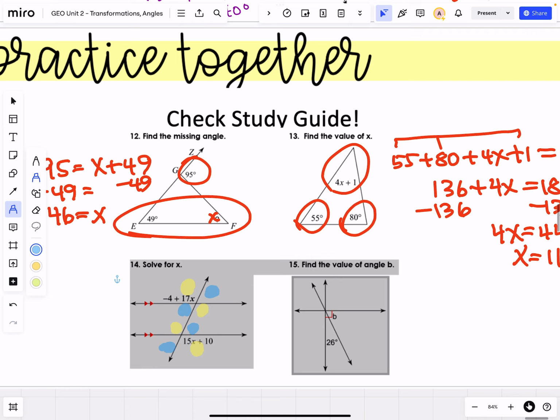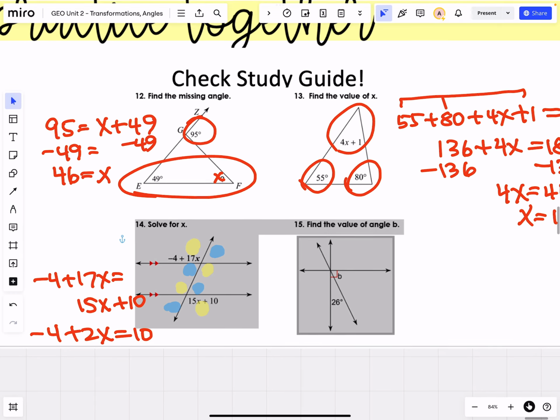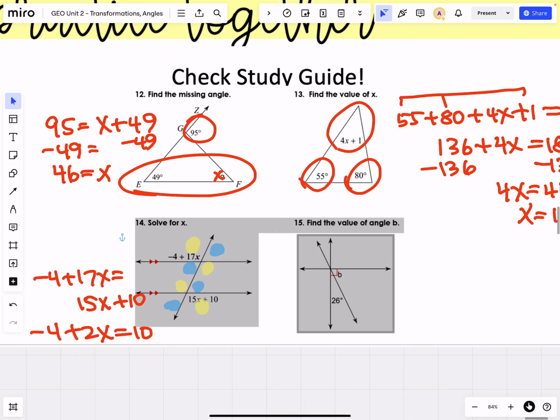If they are the same, set them equal to each other. So negative 4 plus 17x equals 15x plus 10. Subtract 15x from both sides. We would have negative 4 plus 2x equals 10. Add the 4 to both sides. We would get 2x is equal to 14 and x is equal to 7.